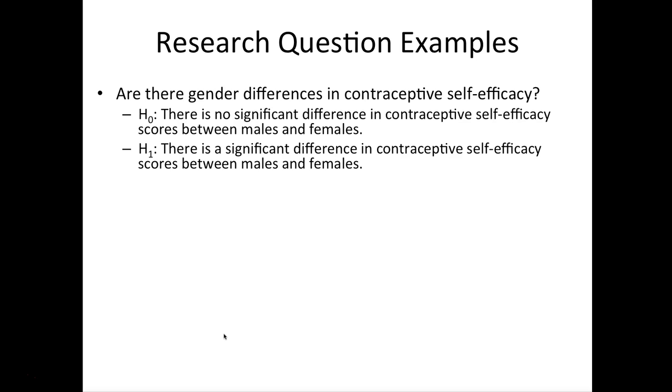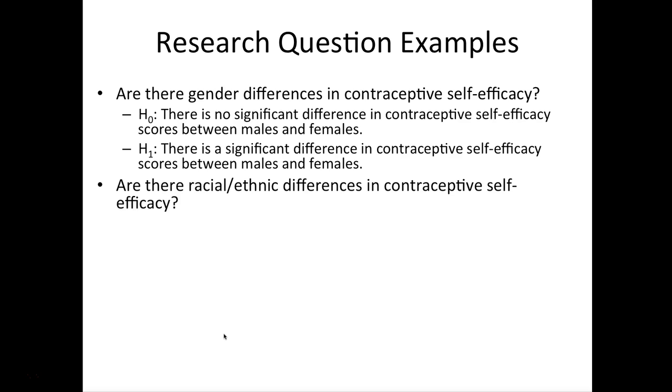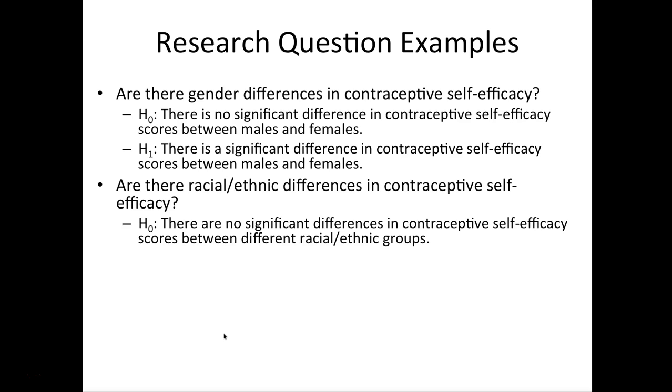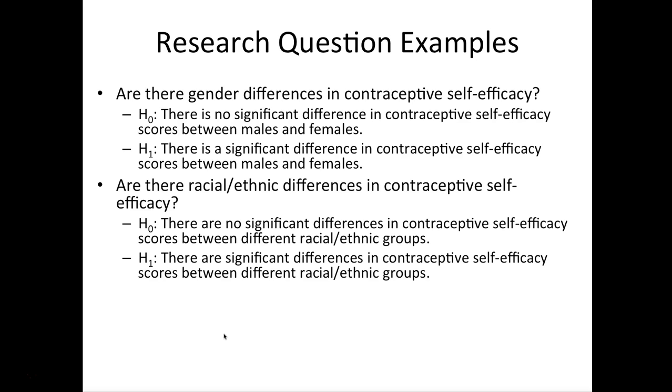Our non-directional research hypothesis is that there is a significant difference in contraceptive self-efficacy scores between males and females. And then when we did the one-way ANOVA, we asked if there are racial and ethnic differences in contraceptive self-efficacy. So again, our null hypothesis is that there are no differences between different racial and ethnic groups. And our research hypothesis is that there are significant differences in contraceptive self-efficacy between different racial and ethnic groups.